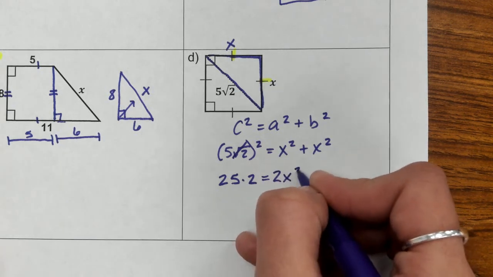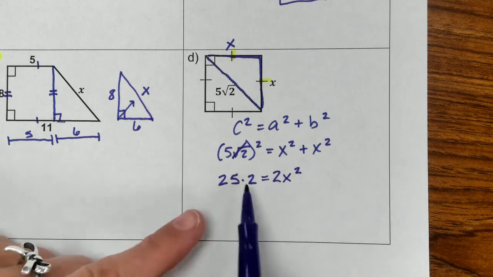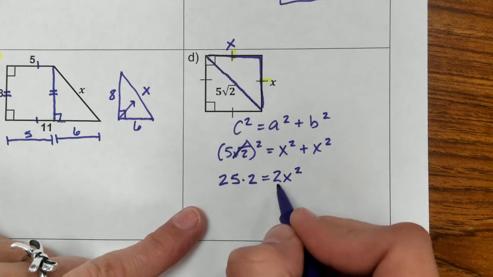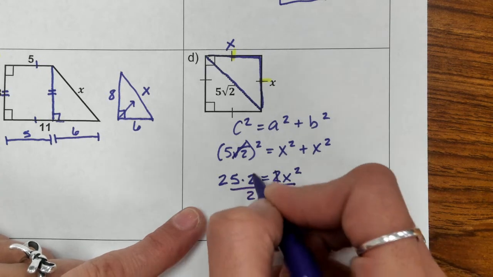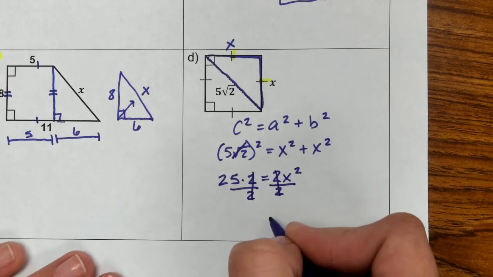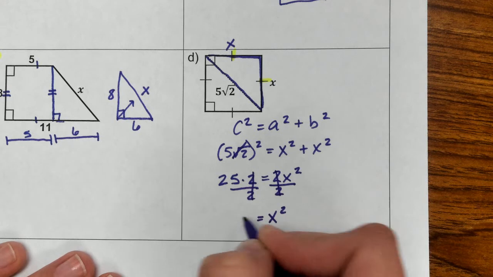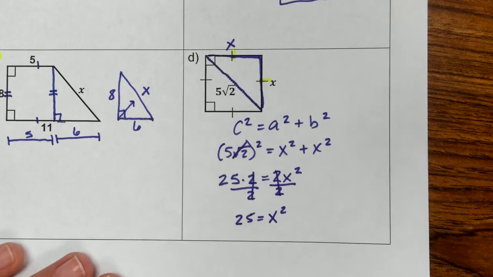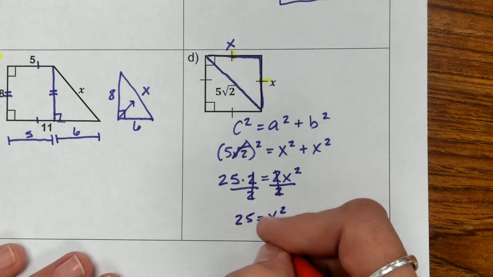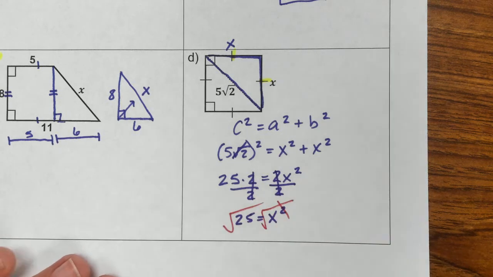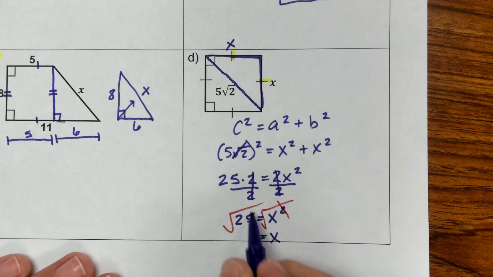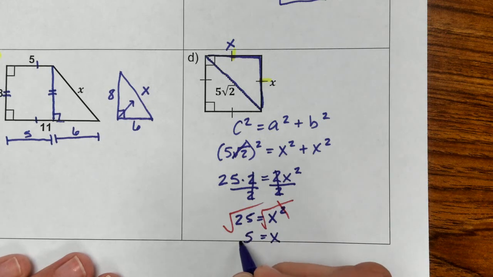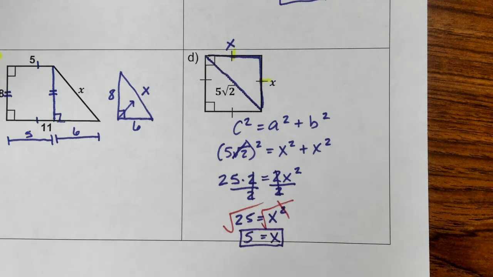Before I even multiply over here, I can see that I could divide this by 2, and these 2 are going to cancel out. So then all I have is x squared equals 25. I'm going to take the square root of both sides to cancel the square, and we're going to get another nice, pretty perfect square. X will equal 5. Okay?